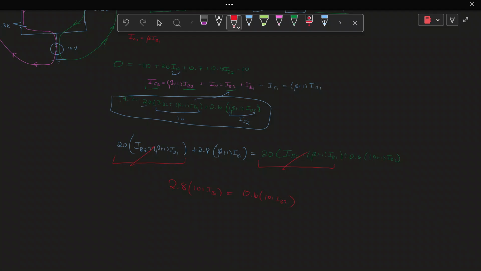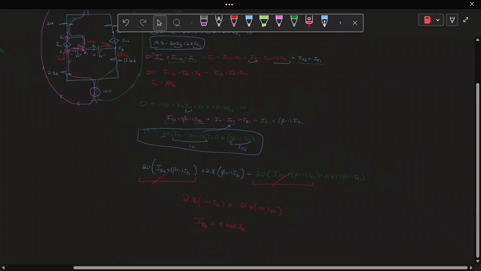Okay, so now what we can do is solve for one in terms of the other. So let's solve for IB2. IB2 is going to be 2.8 times 101 divided by 0.6 times 101. Okay, so I get about a 4.667 IB1.